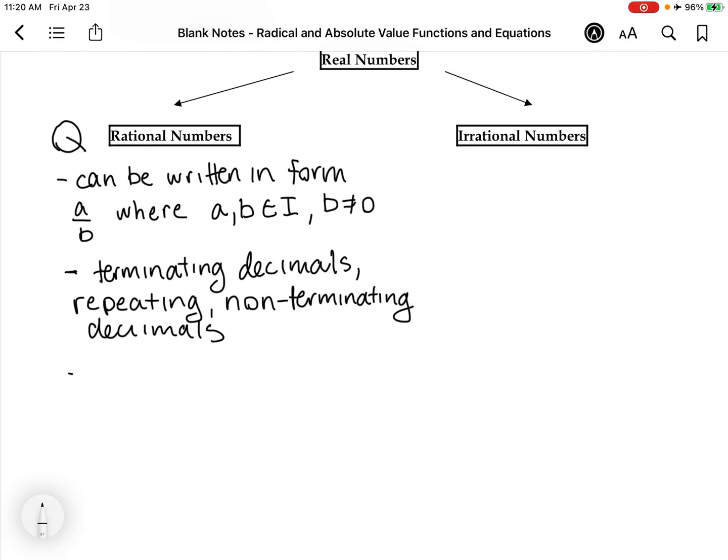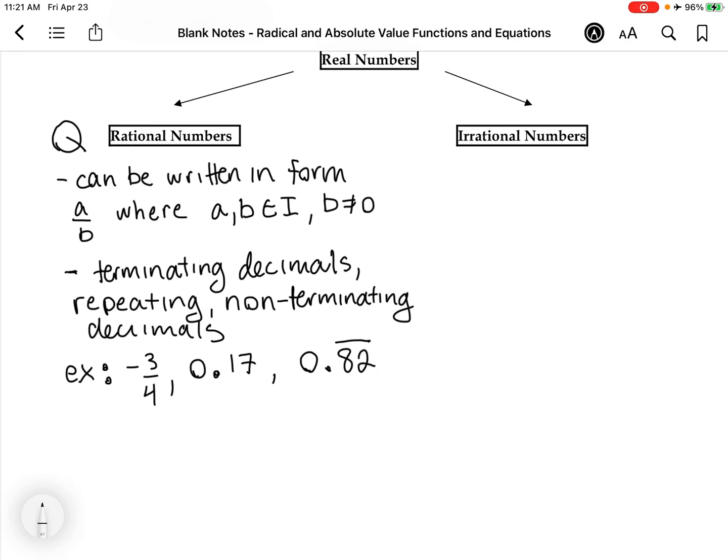Some examples, and these can all, although they aren't necessarily written as a fraction, they can be written as a fraction. Something like -3/4, 0.17. You could write that as 17 over 100, for example. 0.82 repeating.